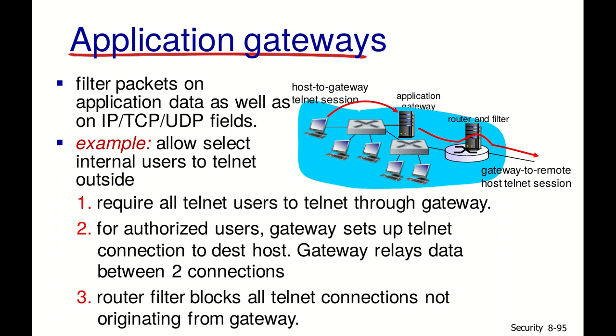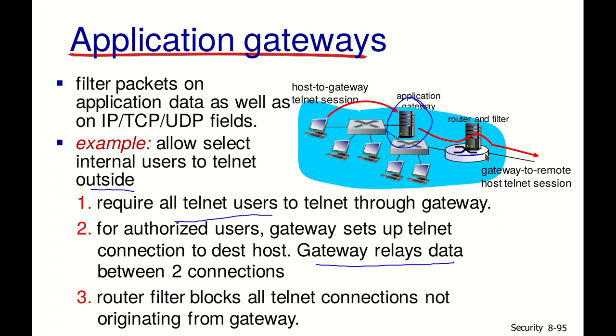If any host wants to perform telnet to an outside host, all the telnet users have to go through the gateway first. The gateway will check whether the host is authorized to perform telnet to the outside networks. If the host is authorized, then the gateway will establish the telnet connection to the outside host.